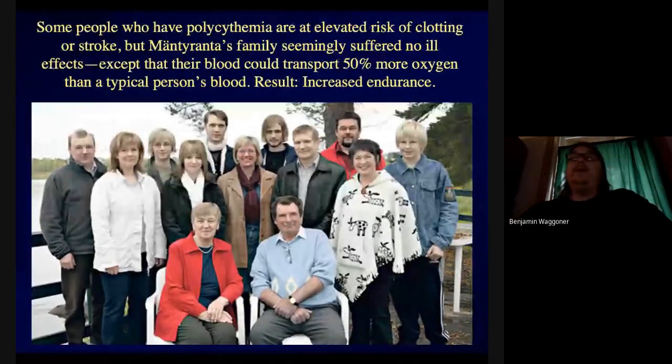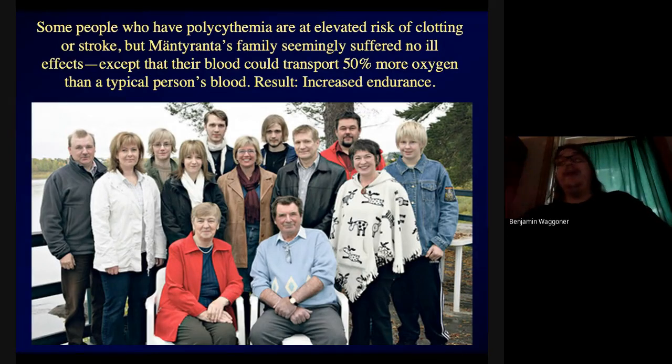This is him and his family, by the way. He is sitting down in front. He and his wife are up there in front. You might be able to tell he's got kind of a red complexion because he's got extra red blood cells that actually makes his face look ruddy. And you can pick out the people in this picture who have this trait because they tend to be kind of red-faced.